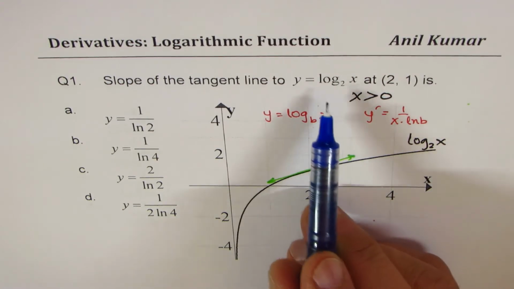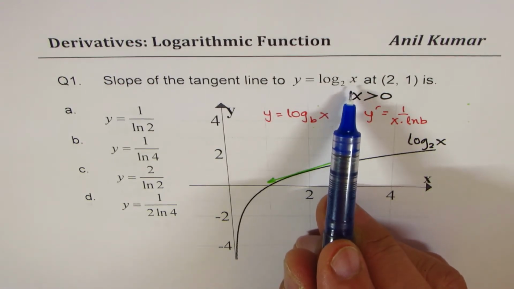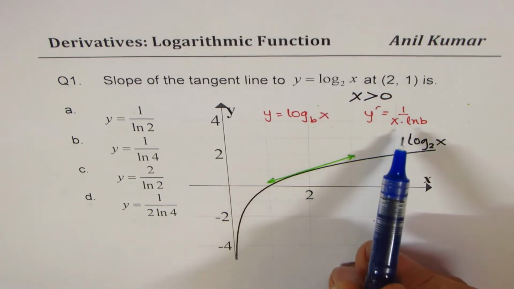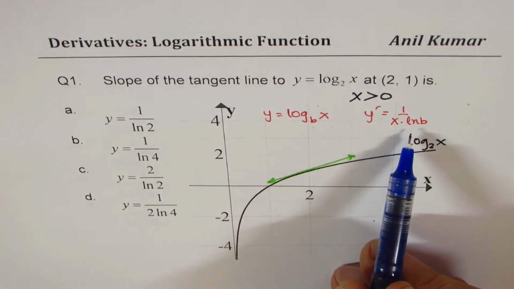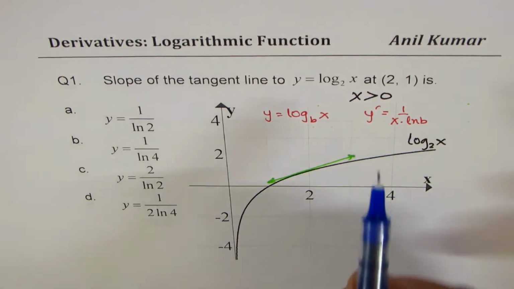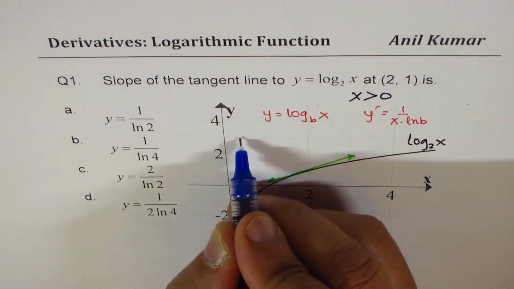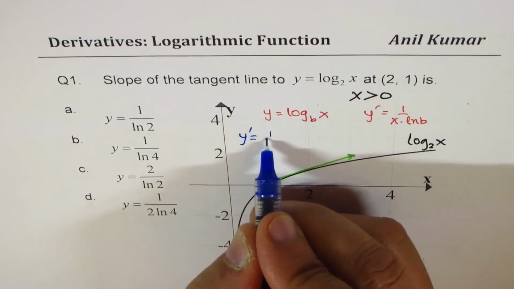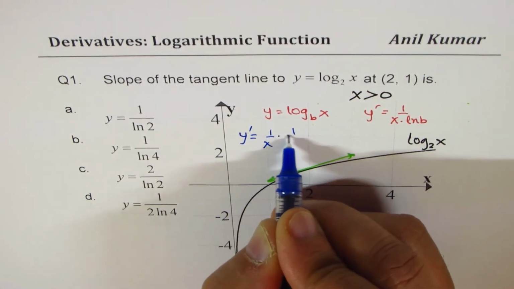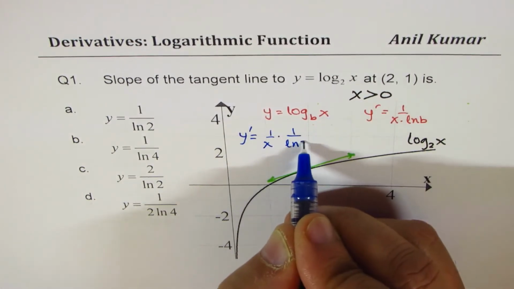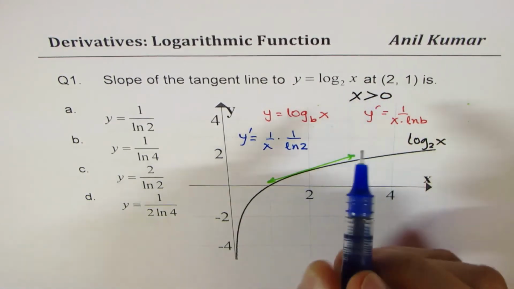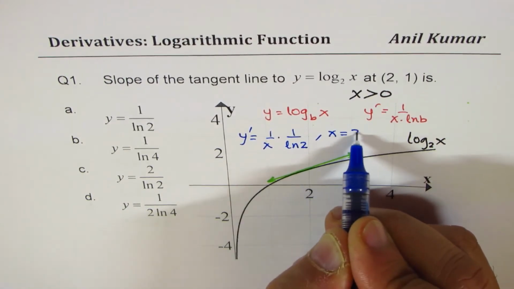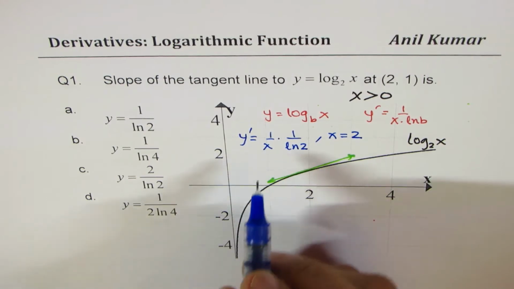So we are looking for 1 over x times ln b, and b is 2. So we get the derivative of this function as 1 over x times 1 over ln 2, right? Now since we have to find the derivative at x equals 2, I'm replacing x by 2, right?